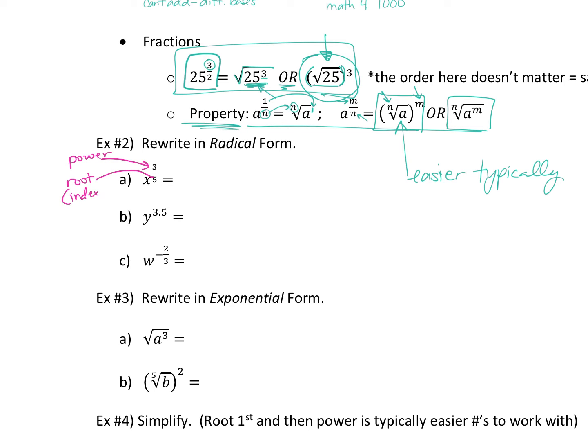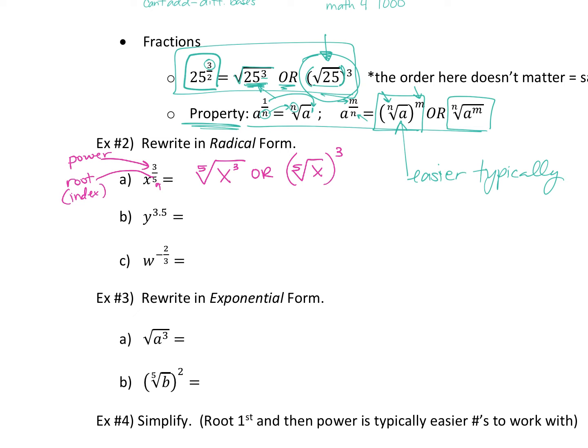Those are the same thing, and those go on bottom. Okay, so if I'm going to rewrite this in radical form, I'm going to write it a fifth root of x to the third power, or you could write it the fifth root of x and take that whole thing to the third power. Either one of those is right. I don't care which one you do.